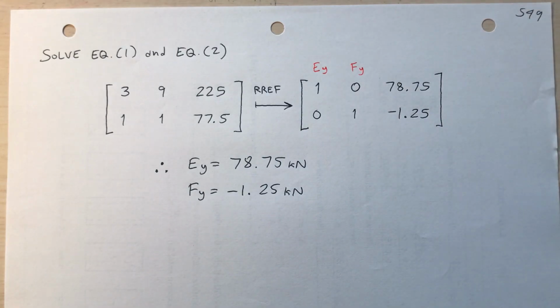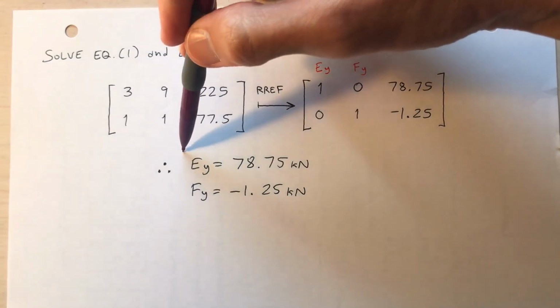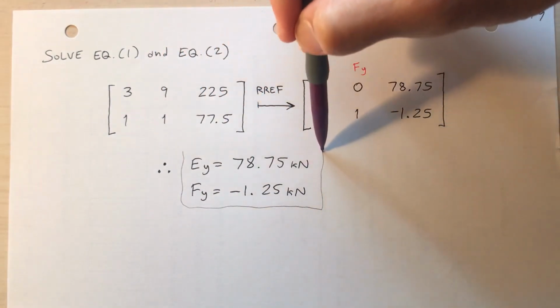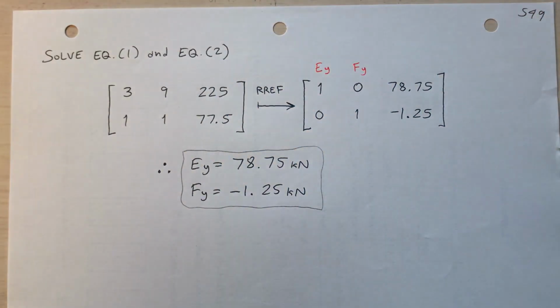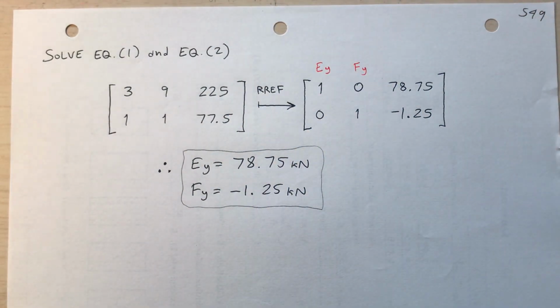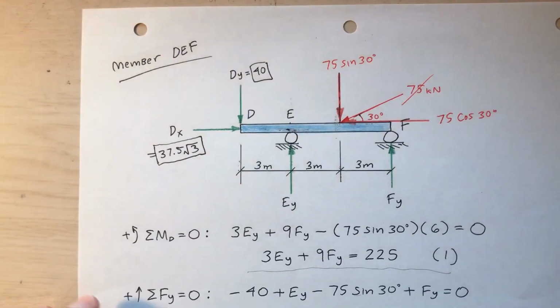The negative just means that I assumed the wrong direction for f sub y. F sub y is negative 1.25. So these are actually the two reactions that I needed. So I'm going to go back to my drawing on the previous slide, my free body diagram. Remember this?